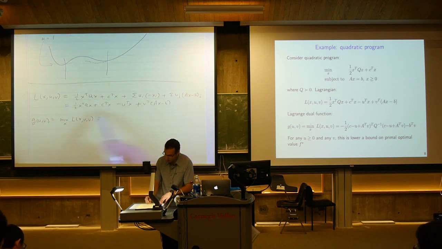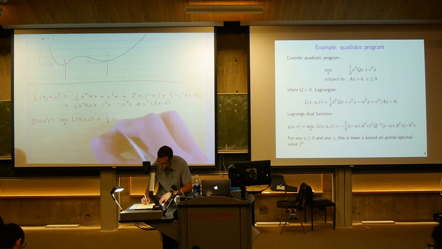And in order to think about what that is, it's helpful to collect terms so that we have a single quadratic in x. Think about u and v as fixed. Okay, so that was the only quadratic term we had. And how about the linear term? We can write it as (c minus u plus A transpose v) transpose x.